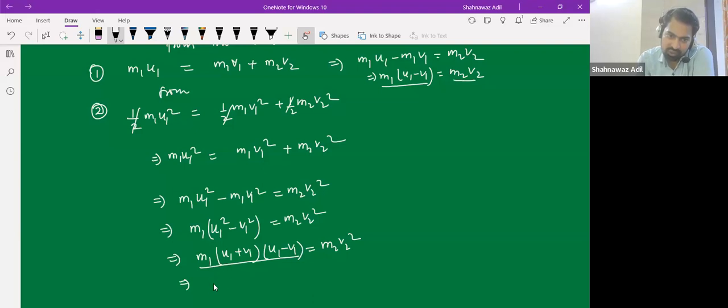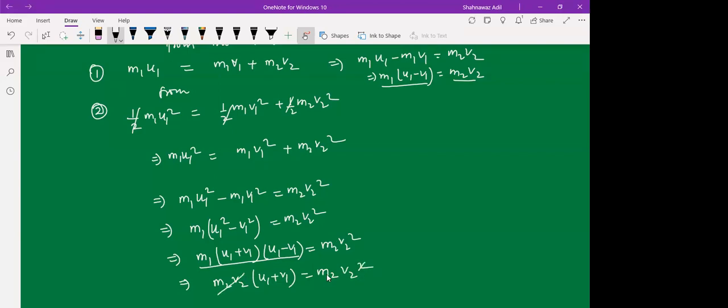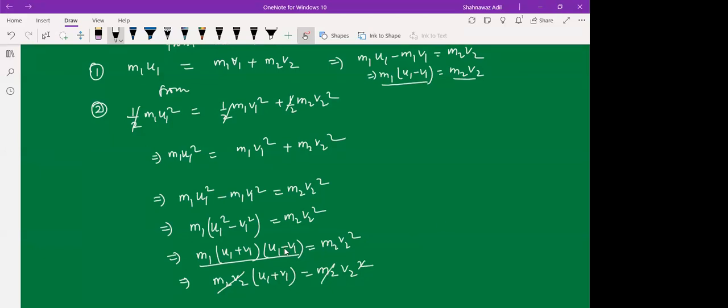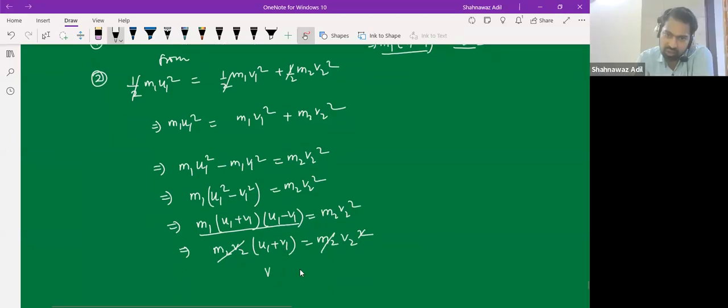Then M2 V2 times U1 plus V1. Which part cancels? This part cancels this. So we have V2 equal to U1 plus V1. So this is what we got.